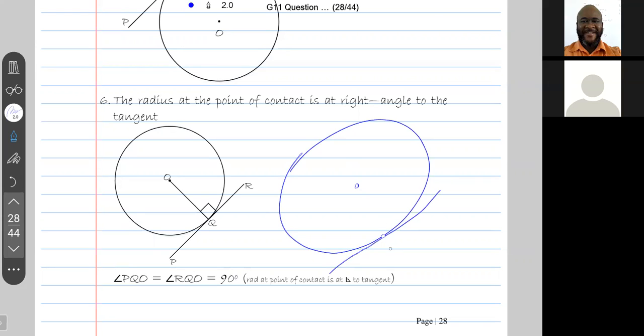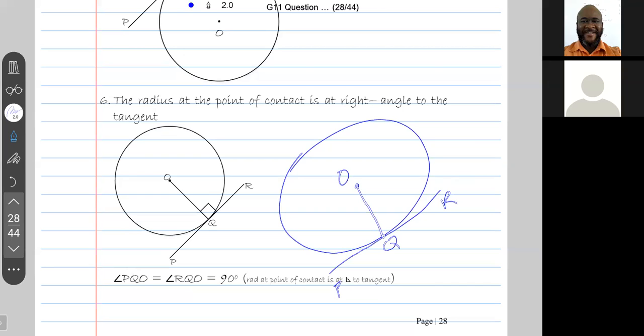If this is, let us say, P, Q, R, Q is the point of contact, O is the center, OQ is a radius, because any line drawn from the center of the circle to the circumference is a radius.